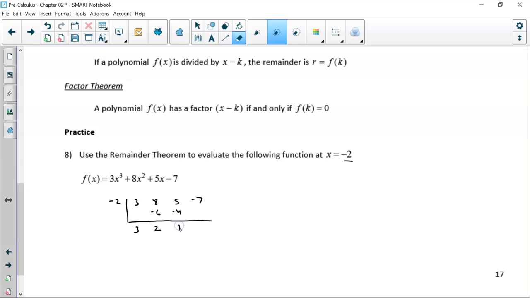When you add, you get a 1. Then -2 times 1 is -2, and when you add, you get a -9. That remainder is our value for f of -2. That's what we get when we evaluate the function. The remainder gives us the value of the function at that given value of x.